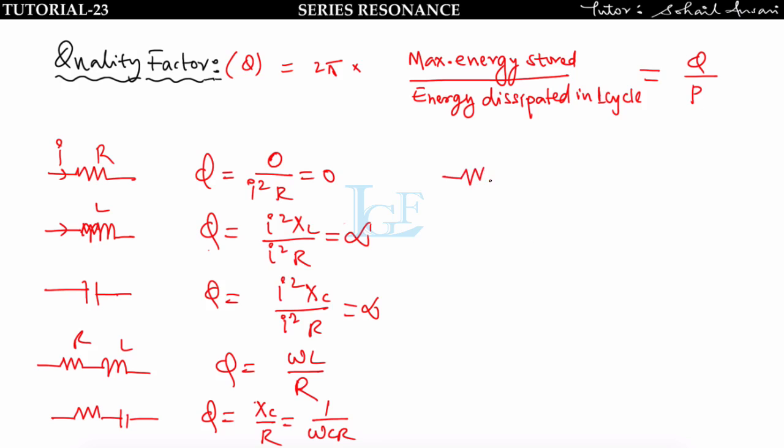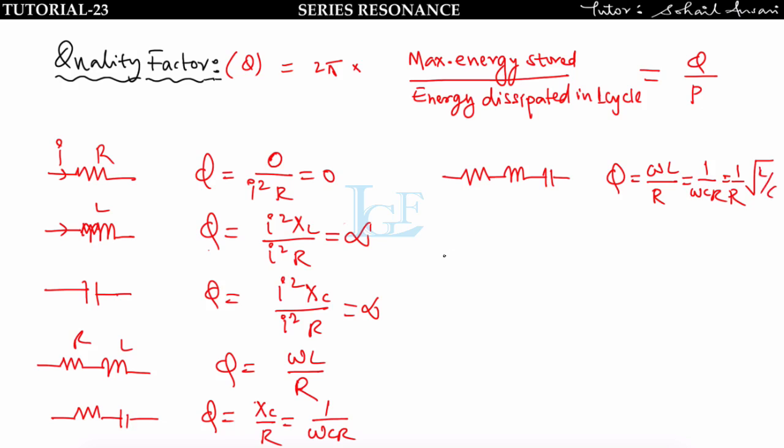For the RLC circuit, which we will derive in the next slide, the quality factor at resonance is omega L upon R, equal to 1 upon omega CR, and in other words 1 upon R under root L by C. This I will derive in the next slide, no problem.